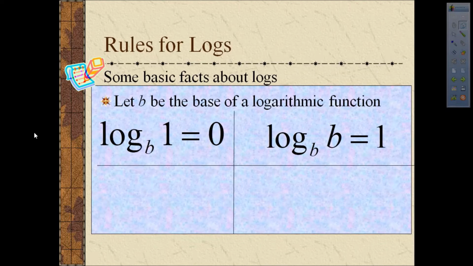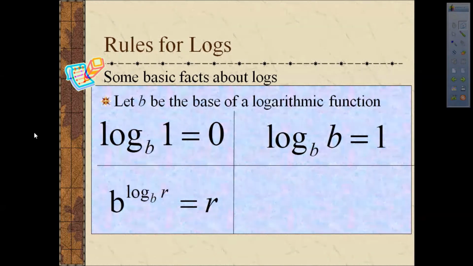The third fact that I want to mention is that b to the log base b of r is equal to r. This is because log base b of r is basically representing the power I would need to raise b to get an answer of r. So of course, if I raise b to that power, I should get r. We'll use this fact later on.